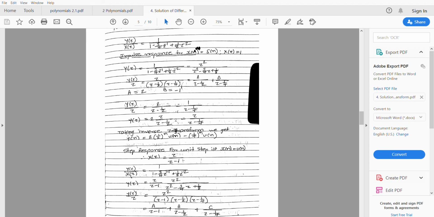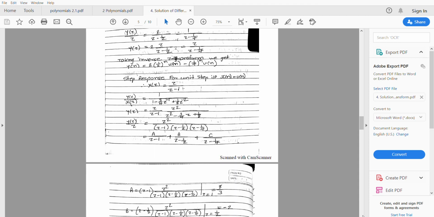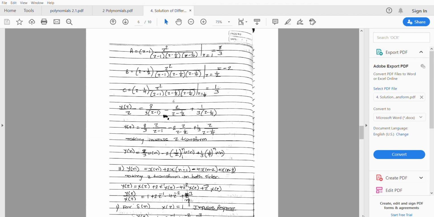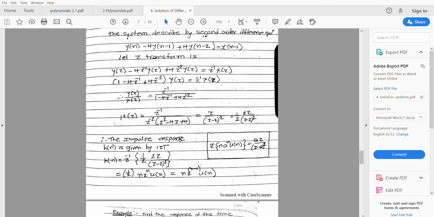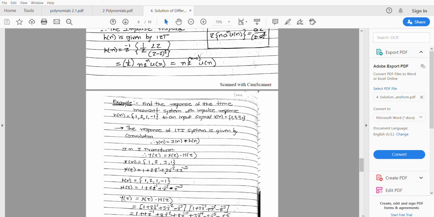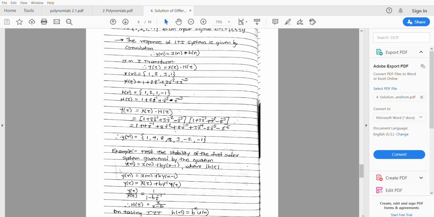In that case, we consider x of n equal to delta n for the unit impulse response, and then get y of n by taking the inverse Z transform. When we consider the step response, x of n is equal to u of n, so we find the output response when the input is the unit step. So these two numeric patterns come up in the case of difference equations.